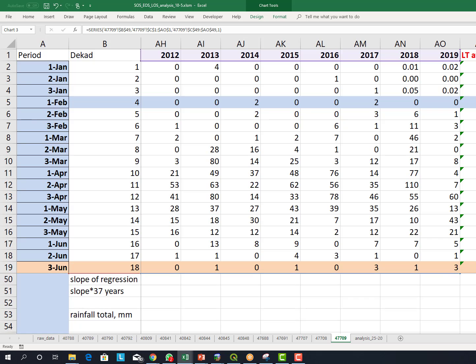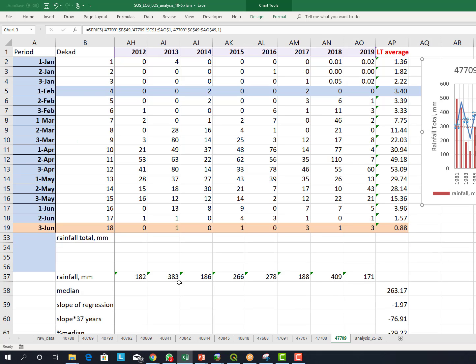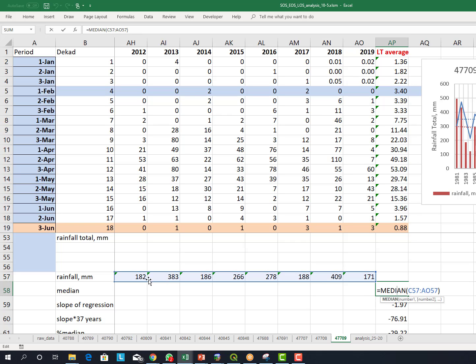Something important down here is when we calculate the total rainfall for the season, this one is the median for all those years in this polygon. Then we calculate the change in those 39 years. This is the change in millimeters.